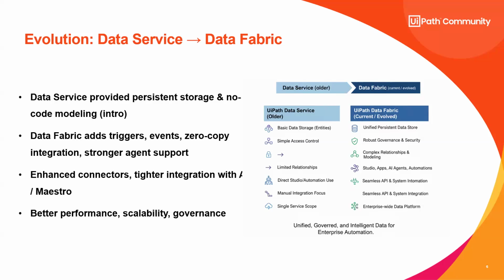Like now we can start automation automatically when a record is created or updated in our data fabric. And zero copy integration. This means you don't have to duplicate data from external system. Instead, data fabric connects directly to the live sources like Salesforce or Freshdesk and fetch data in real time.